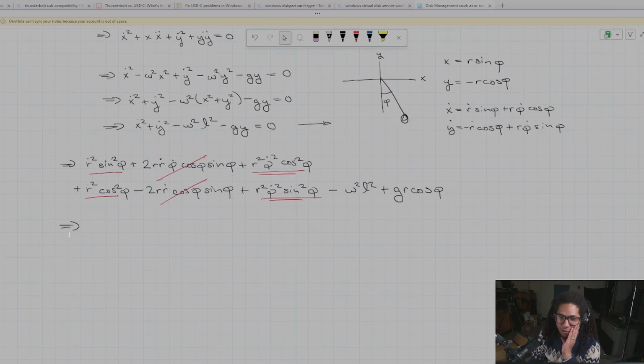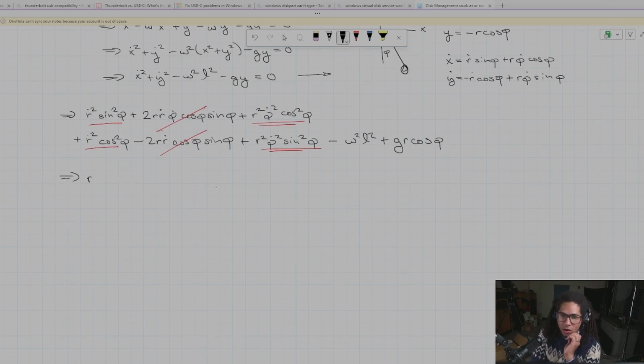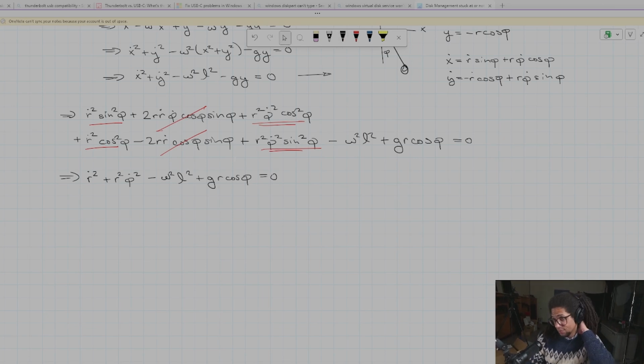So after a bit more simplification, I get r dot squared plus r squared phi dot squared minus omega squared L squared plus g r cos phi is equal to 0. I forgot my equals 0 here. But it gets even better.